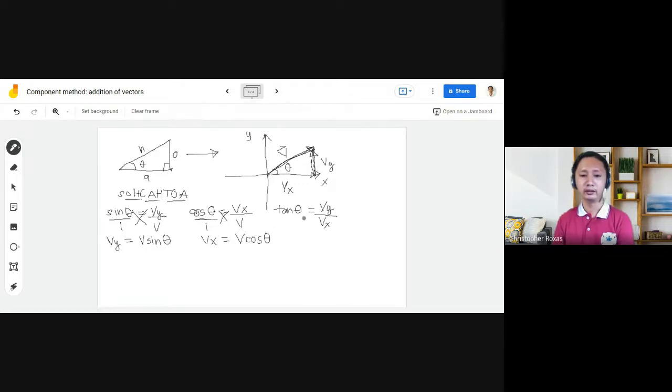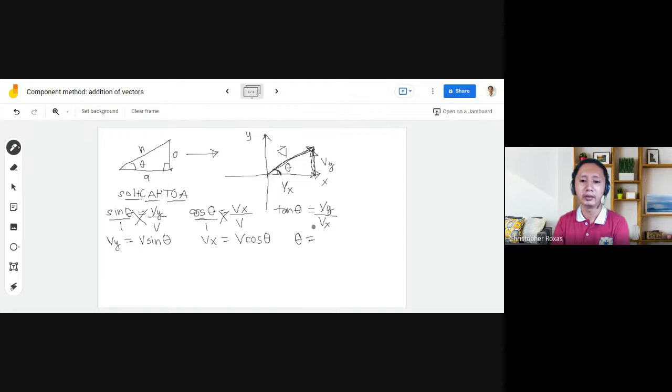And then, how do we use the tangent here? This is used in getting the direction of the vector. So, we will get the theta or the angle. How do we get the angle? We can use this to get how many degrees it is. So, how do we get that angle?